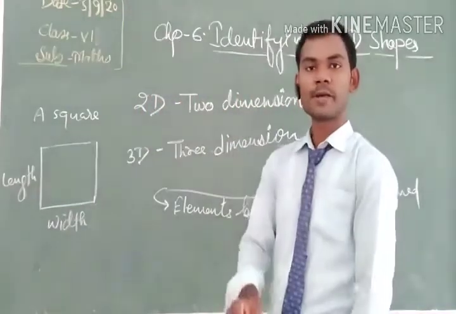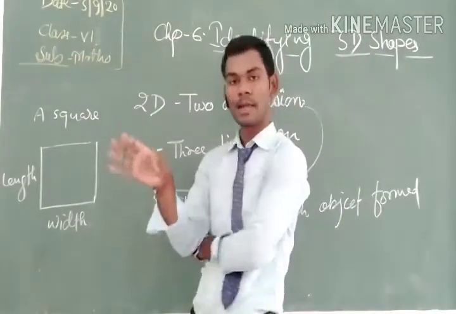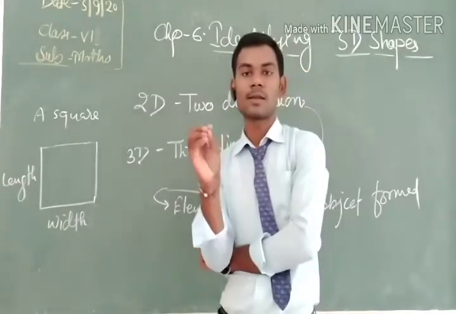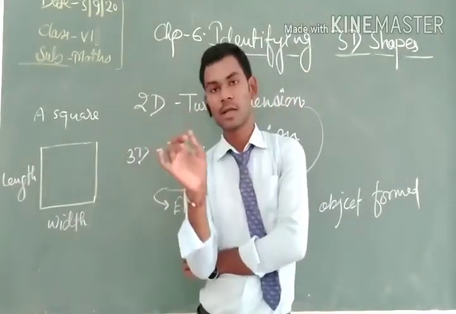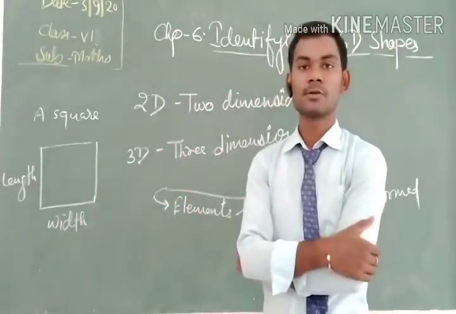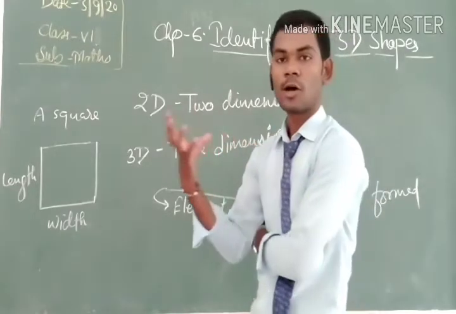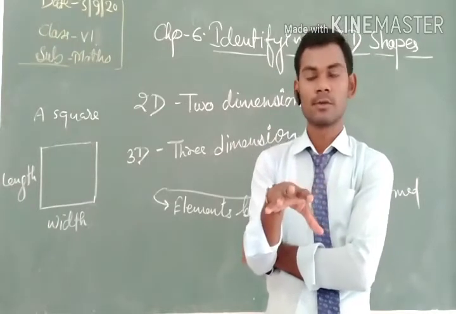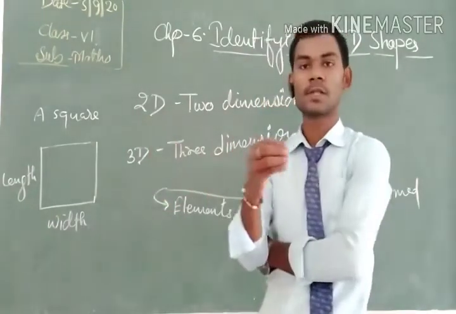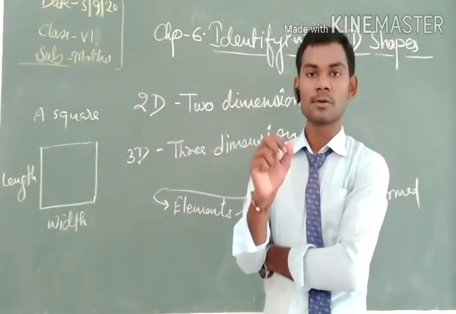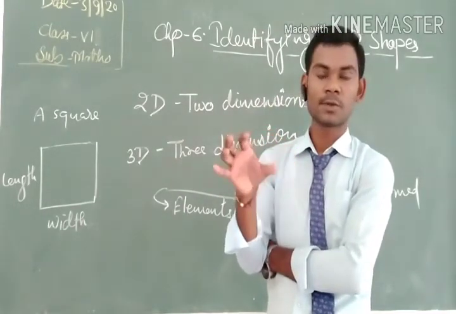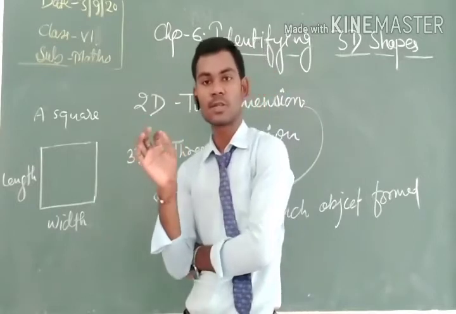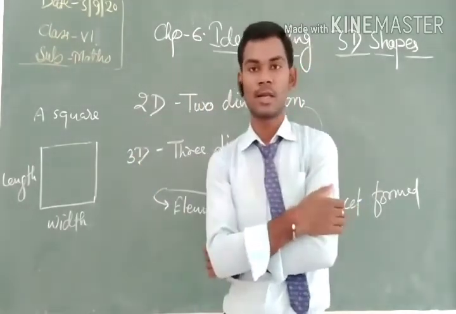Its fundamental element is the line segment through which it is formed, but in this figure the line segments are known as length and width. So the constituent parts of the square are its length and width. Therefore the dimensions of the square are length and width.